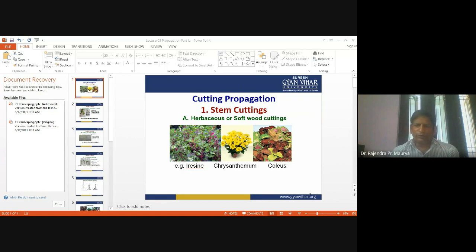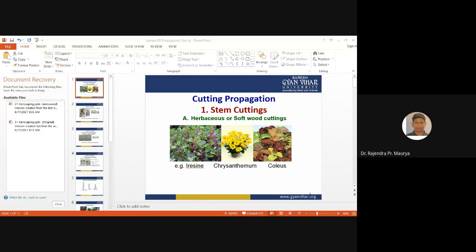After 3 to 4 weeks, this axillary bud will sprout and take the shape of a shoot, and in the opposite direction in the growing media the root system develops. So by this method also from an alternate leaf we can develop a new plant.